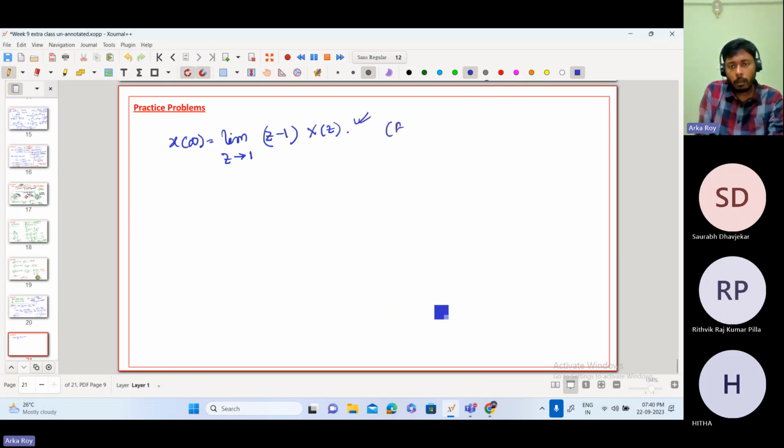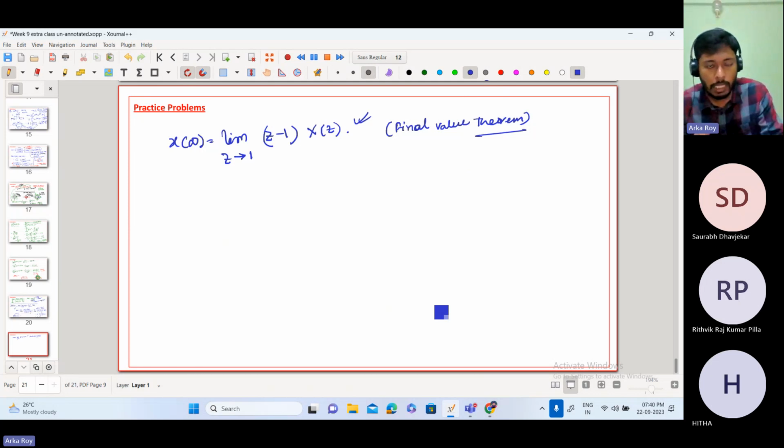This is called final value theorem. You can find this proof also in my third live session. For the final exam, you don't have to remember the whole proof, but you need to know how to make use of this particular relation.